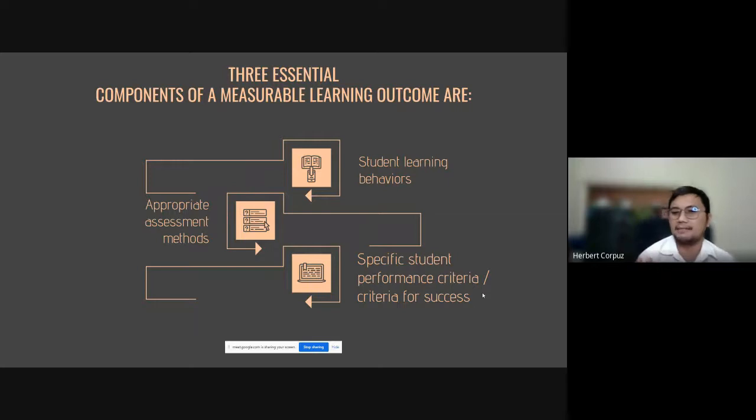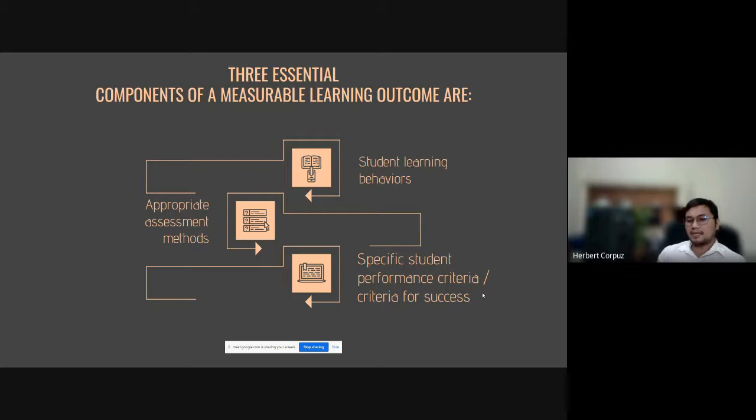Again, write sample learning outcomes to demonstrate one's understanding of the three domains of learning. Where is the student learning behavior there? Right, that's a behavior that I would like them to do: that they are to write sample learning outcomes. And what is the assessment method? To demonstrate.